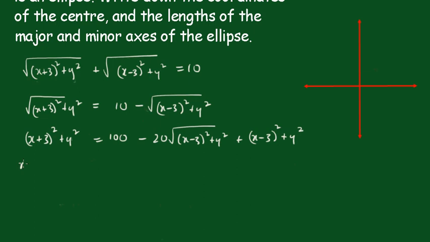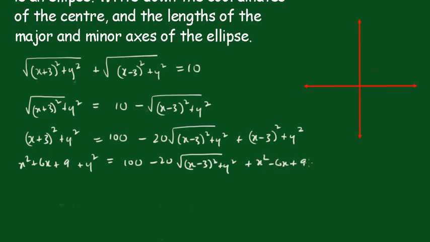Removing the brackets, we get x squared plus 6x plus 9 plus y squared equals 100 minus 20 root (x minus 3) all squared plus y squared, plus x squared minus 6x plus 9 plus y squared. Right, now this will cancel out with this.